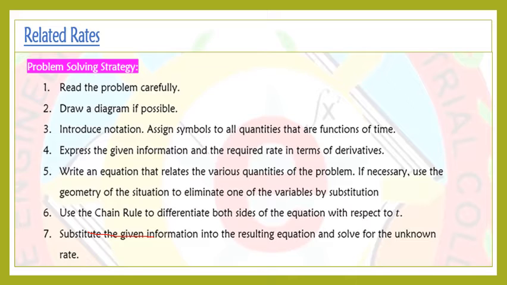Next, write an equation that relates the various quantities of the problem. If necessary, use the geometry of the situation to eliminate one of the variables by substitution. Use the chain rule to differentiate both sides of the equation with respect to t. And lastly, substitute the given information into the resulting equation and solve for the unknown rate.